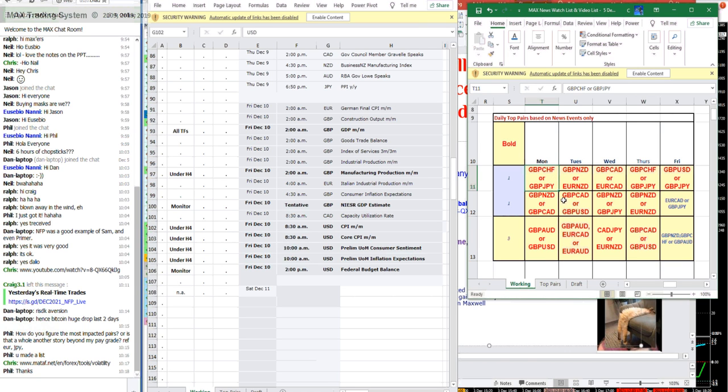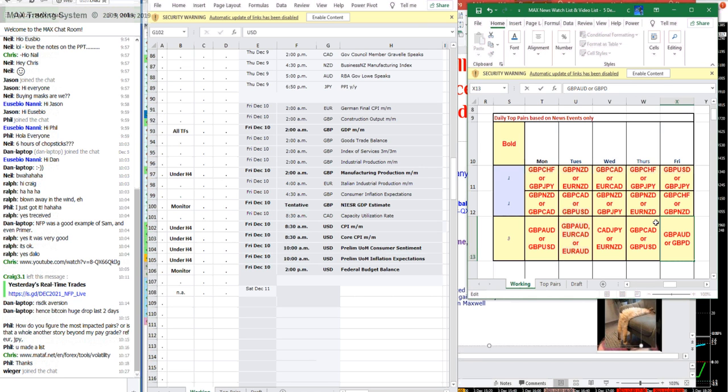Got one of those, haven't we? No, pound Swiss or pound Kiwi. Okay. And then the pound CAD or pound Aussie. What happened there? Pound CAD or pound Aussie. Okay, there you go.